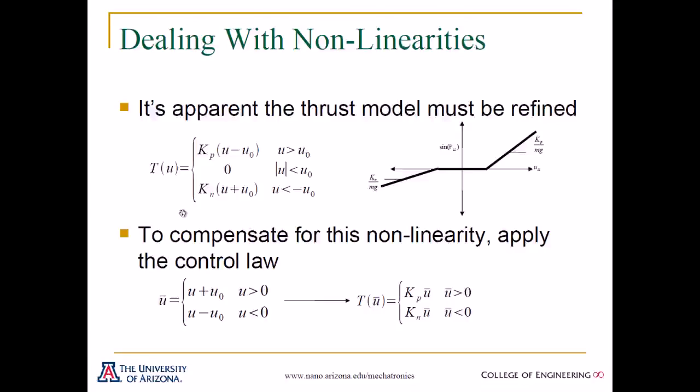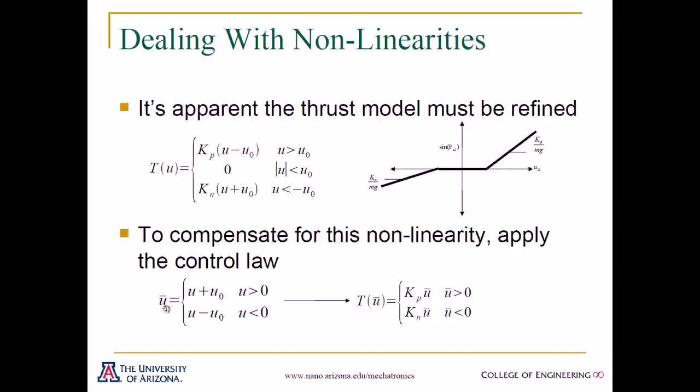And then it is easy to see that by applying a control law, also a nonlinear control law, that offsets the U by U0 in the positive direction and by minus U0 in the negative direction, we can collapse the dead zone into a single point at the origin.